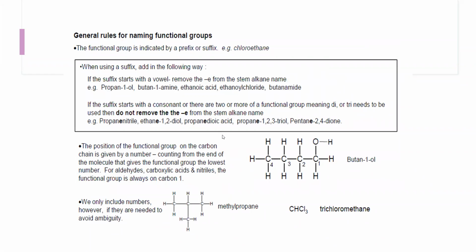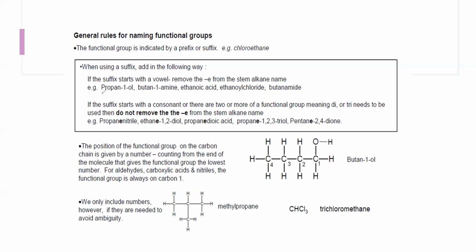These are some examples. For the functional groups indicated by a prefix or a suffix, like chloroethane, when a suffix is added, if the suffix starts with a vowel, what you will do? You will remove the e from the stem, for example the alkane name.